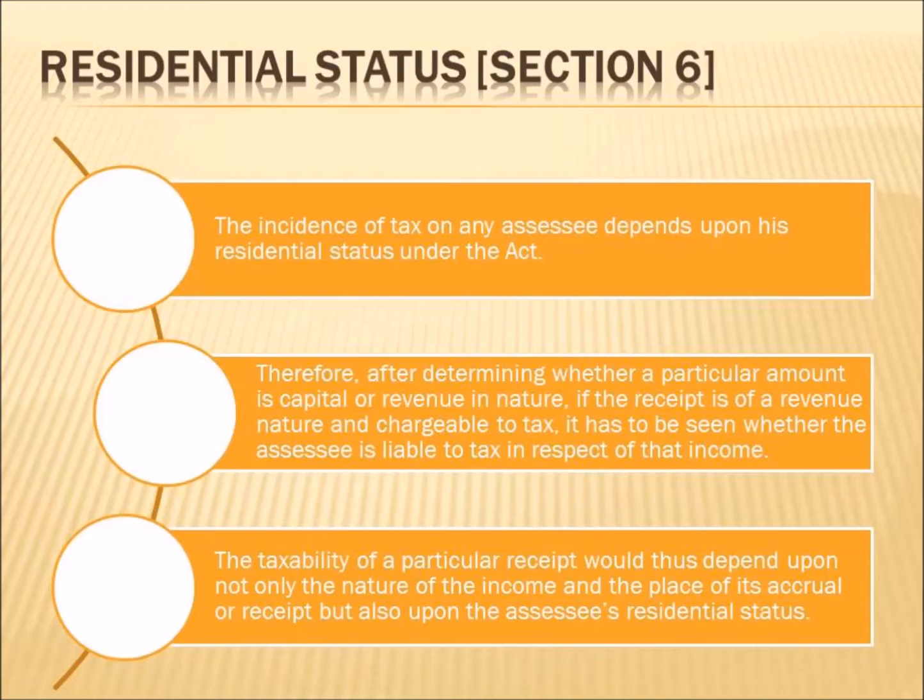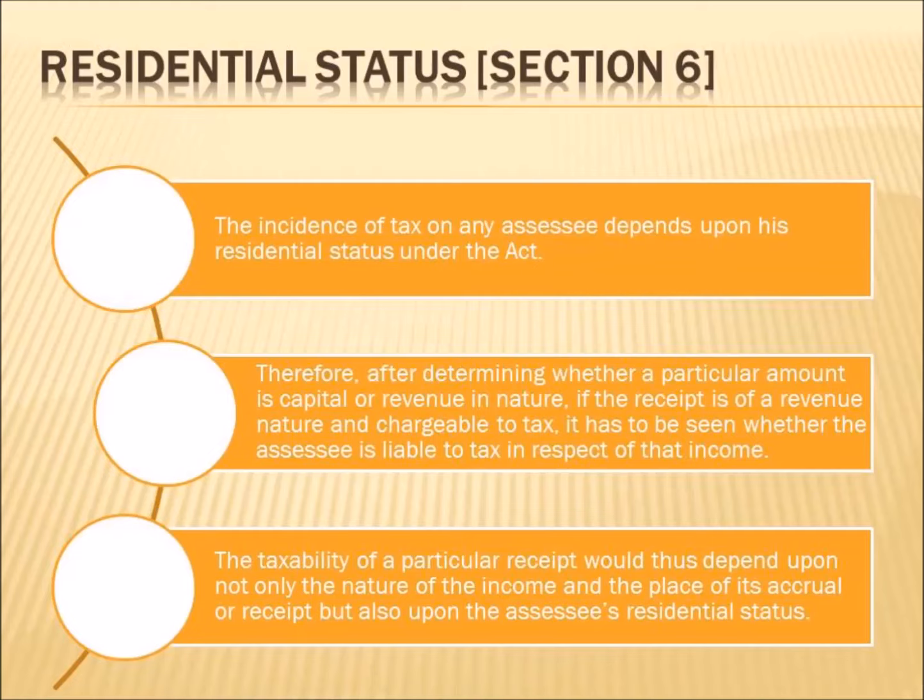And when it is chargeable to tax, the next step is to see whether the assessee is liable to tax in respect of that income, meaning whether the residential status of that assessee is such which will make him liable to tax in respect of that income. So for that we have to determine his residential status.